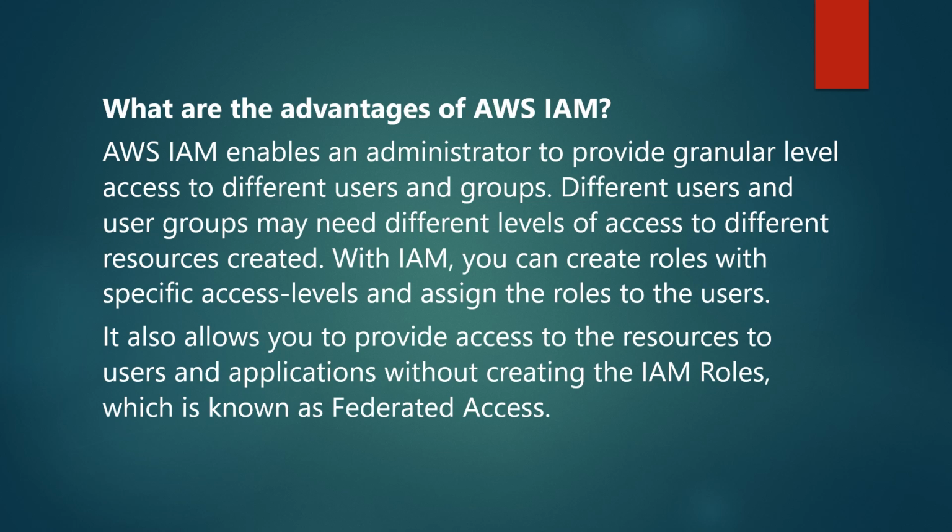With IAM, you can create roles with specific access levels and assign the role to the users. It also allows you to provide access to the resources to users and applications without creating the IAM roles, which is known as federated access.